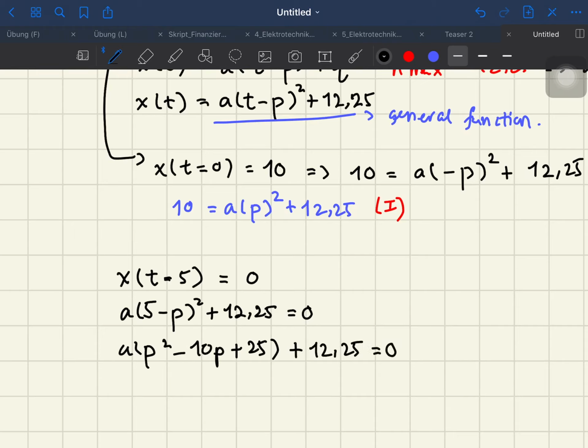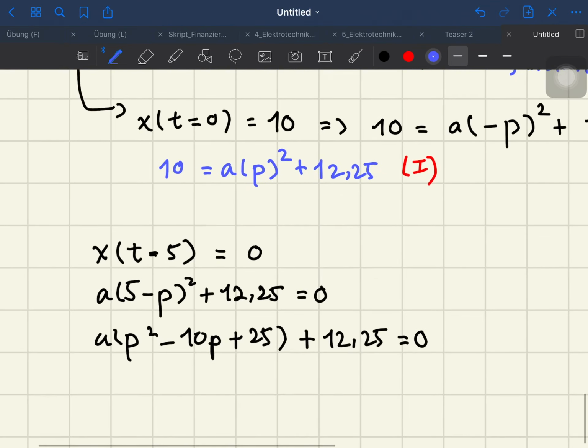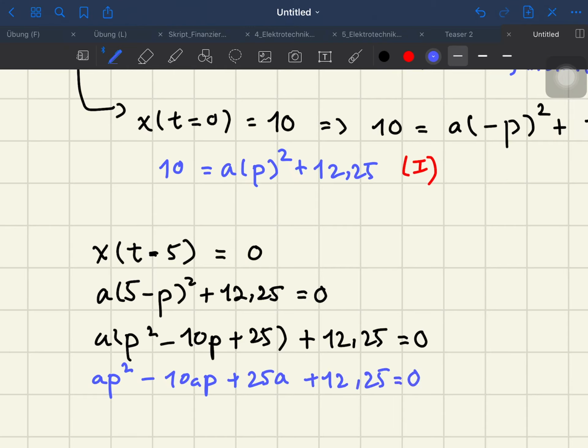In the end, you will get something like ap squared minus 10ap plus 25a plus 12.25 equals 0. Well, this is not really the desired form that we want to have.